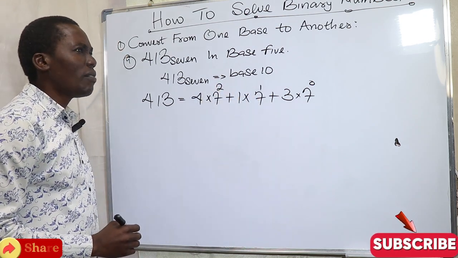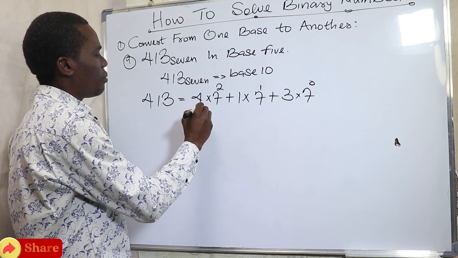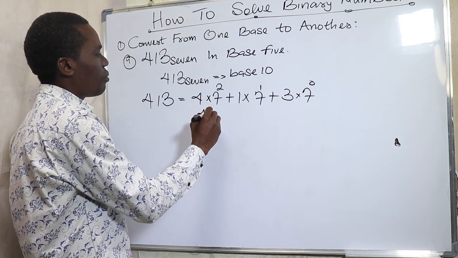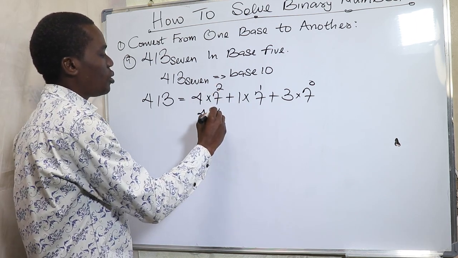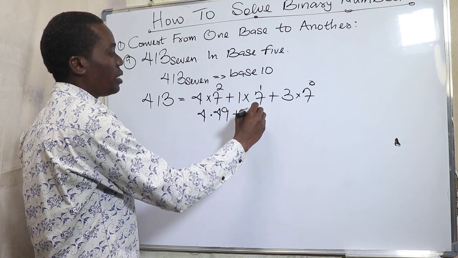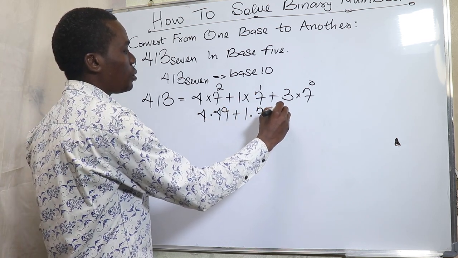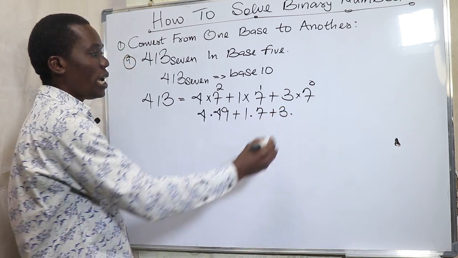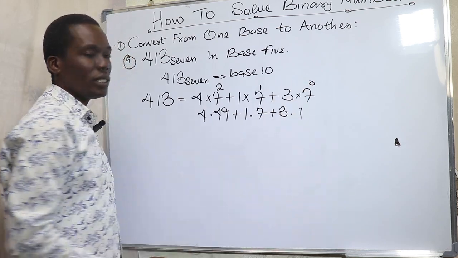Good. Now when you have that, you can easily multiply. 4 multiplied by 7 squared, 7 squared is going to give us 49, right? Plus 1 multiplied by 7 plus 3 multiplied by 7 to the power 0, and anything raised to power 0 is 1.